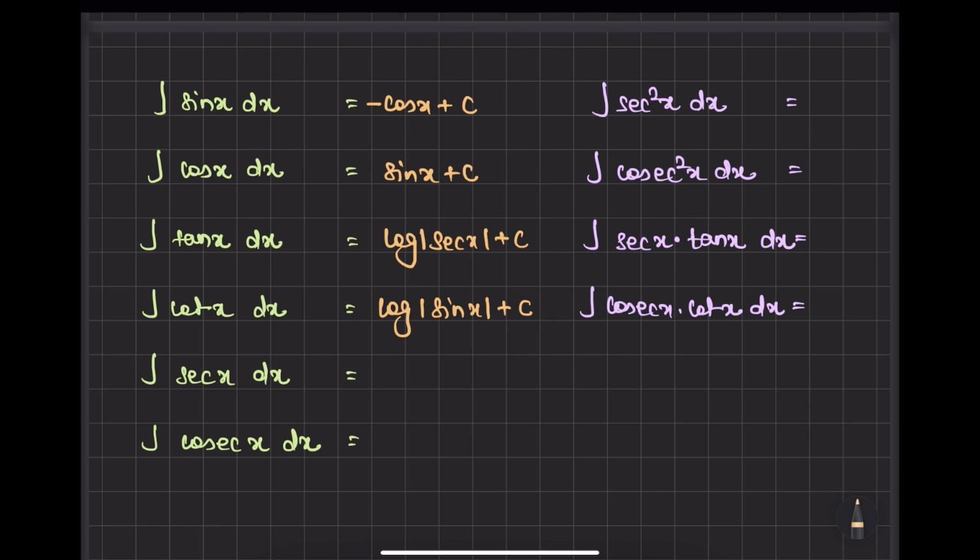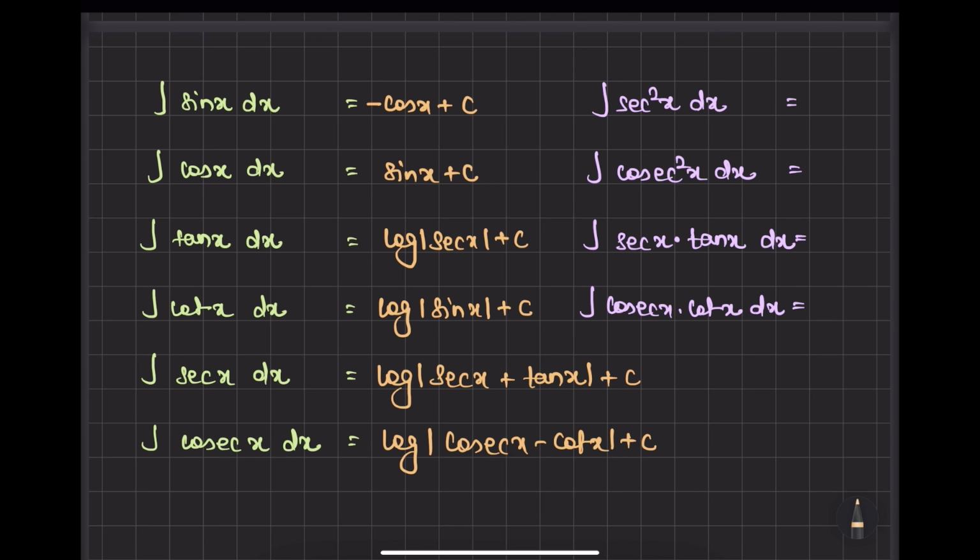Now, sec x integration is log mod sec x plus tan x plus c. Integration of cosec x is log cosec x minus cot x plus c.